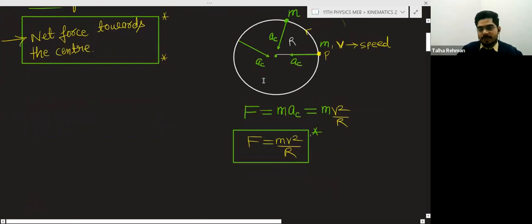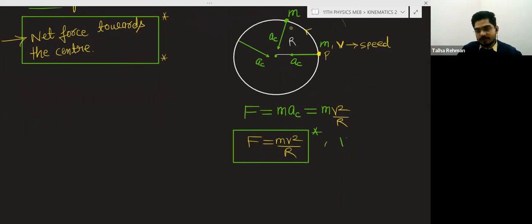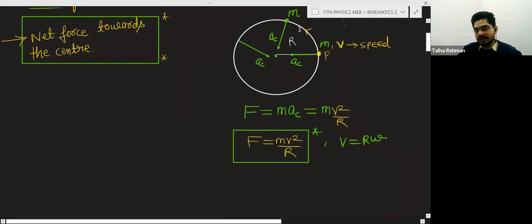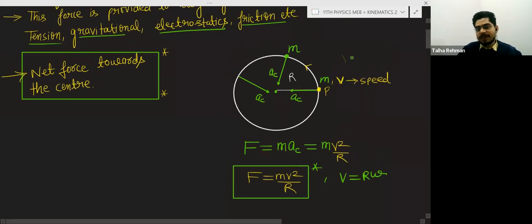Okay, another formula. We know that this mass is performing circular motion, so I can write v is equal to r omega. If there is a speed, there will be an angular speed also. Omega is the angular speed.